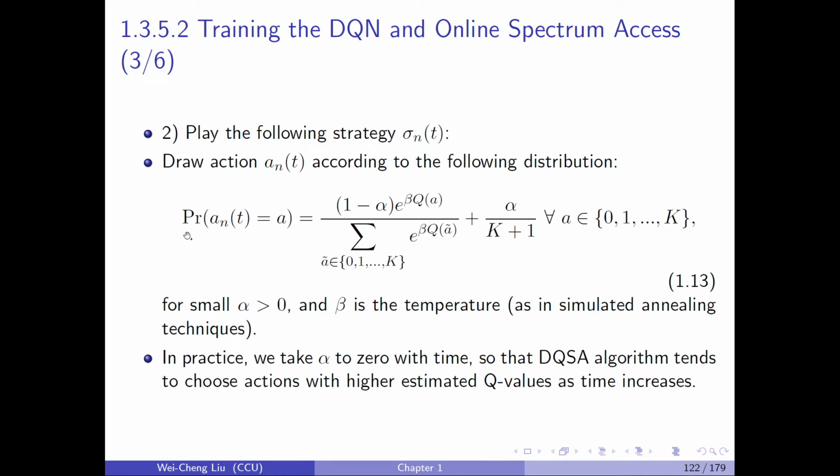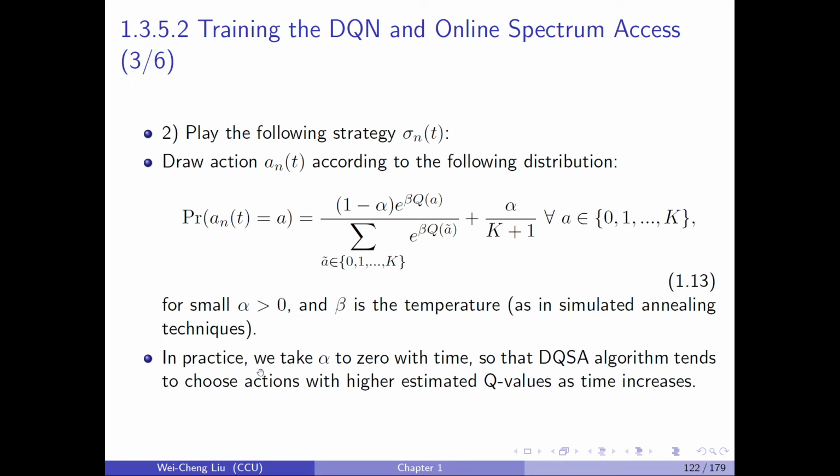The probability that an of t is equal to A is equal to 1 minus alpha times exponential beta times Q of A over the summation over A tilde in the set 0, 1 to capital K of exponential beta times Q of A tilde, plus alpha over capital K plus 1, for all small a in the set 0, 1 to capital K, for small alpha greater than 0, and beta is the temperature as in simulated annealing techniques.